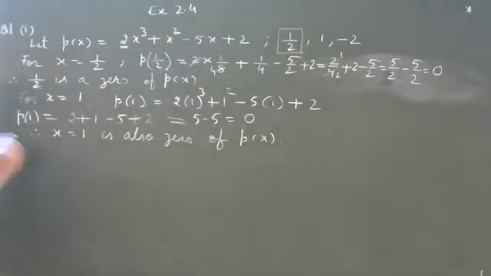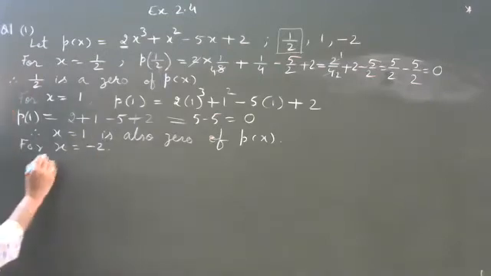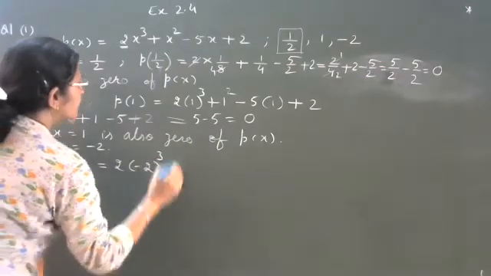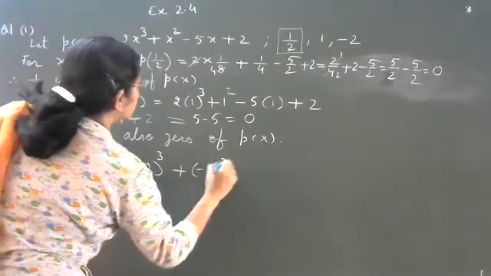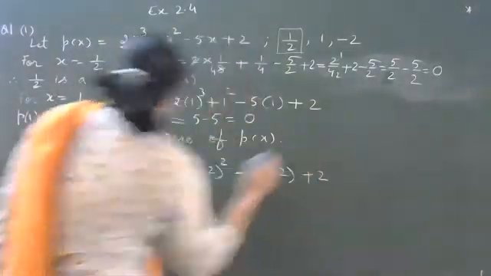Now next is for x is equal to -2. Now p(-2) is equal to here 2 into (-2) cube minus (-2) square minus 5 into (-2) plus 2.